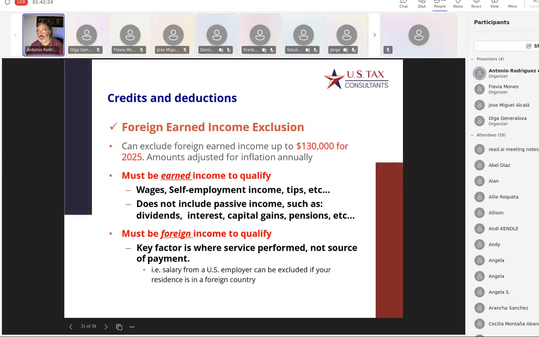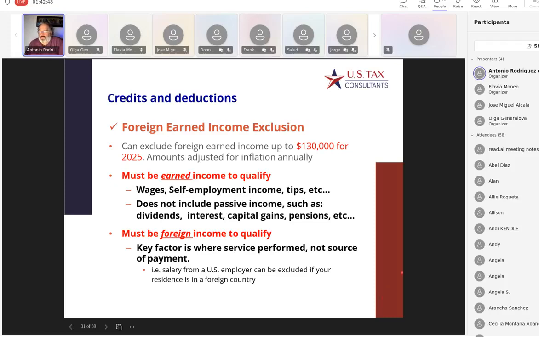Okay, the foreign earned income exclusion. The idea is that if you live abroad, you can exclude foreign earned income up to 130,000, and next year it will be a little bit more, and it will be growing every year because it's adjusted for inflation annually.